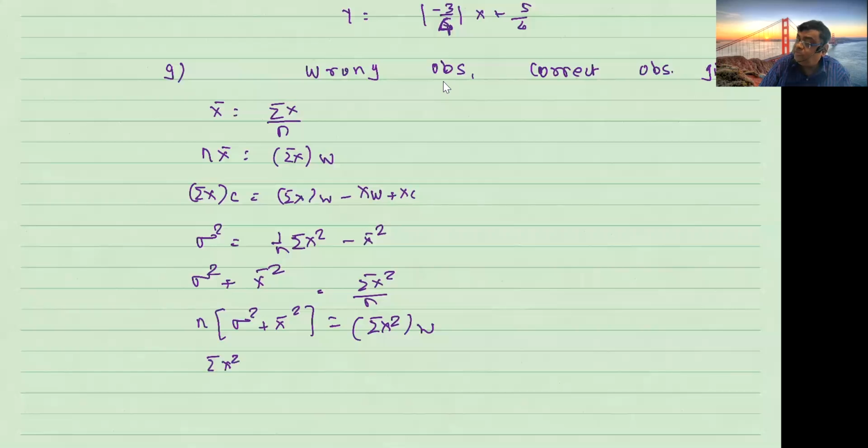And then summation x square correct is summation x square wrong minus x wrong square plus x correct square. I'm not writing the example, I'm just writing the summary of what exactly happens.